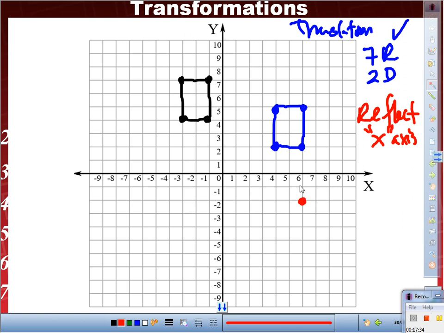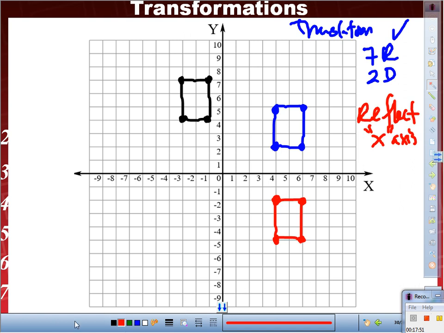Are we there? Yeah. If this one is 2 this way, that means 2 this way. If this one is 5 this way, that means 5 this way, and 5 this way. And we just did a what? A reflection. What's our last one? Rotation.